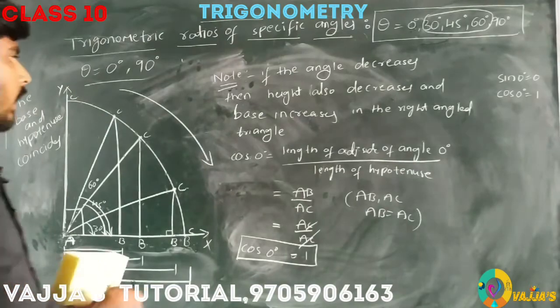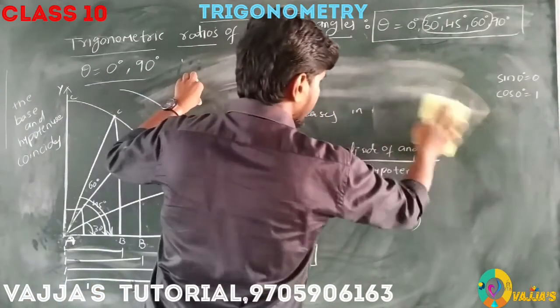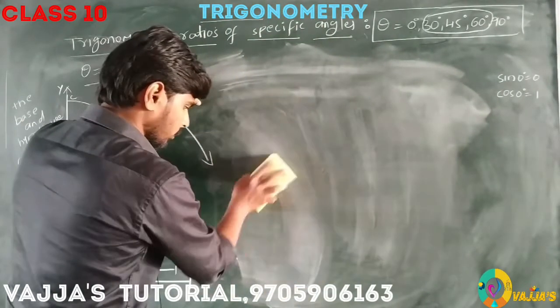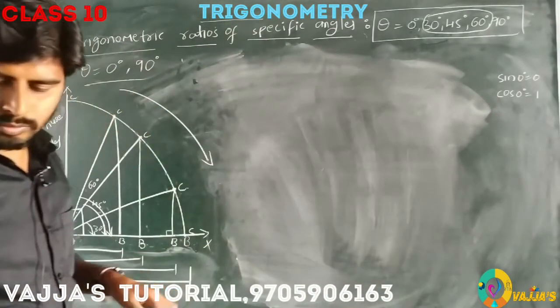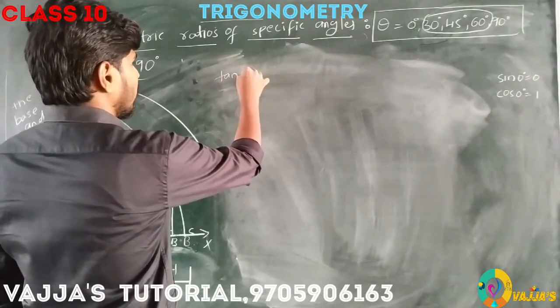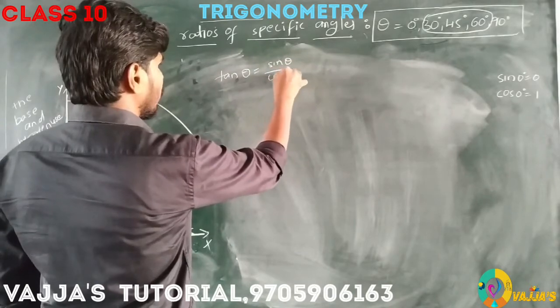Next, tan, cot, secant, cosecant. What is that? Tan theta equals sin theta by cos theta.